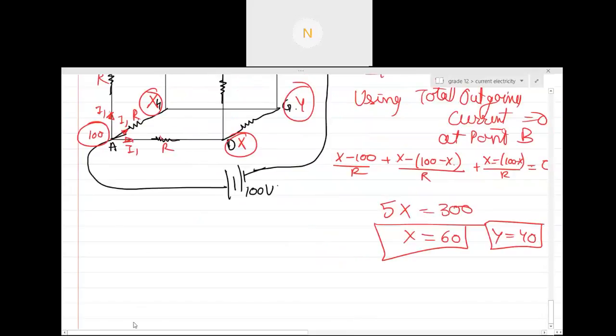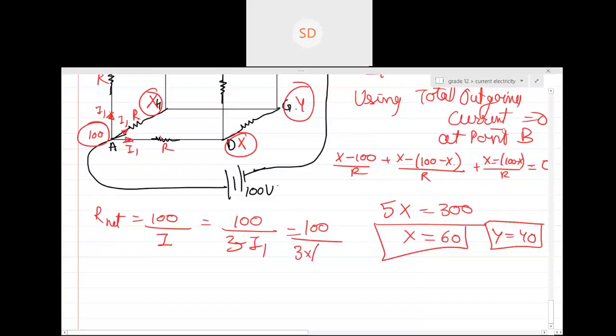Then what is your R net? R net will be equal to 100 divided by I. It is 100 divided by I1, which is basically equal to 100 divided by, what is I1? I1 is (100 minus x) divided by R, 100 minus 60. So can you solve it for me, please?